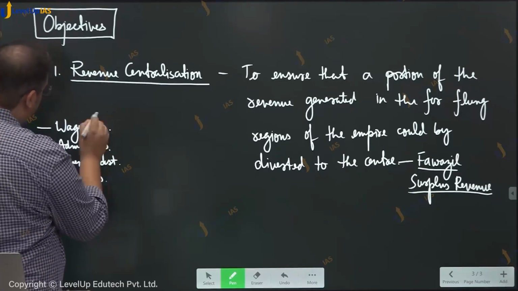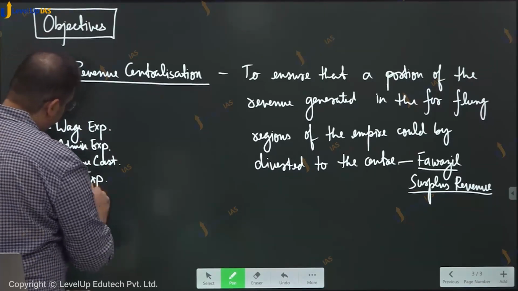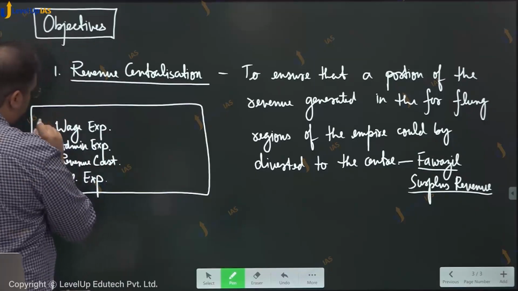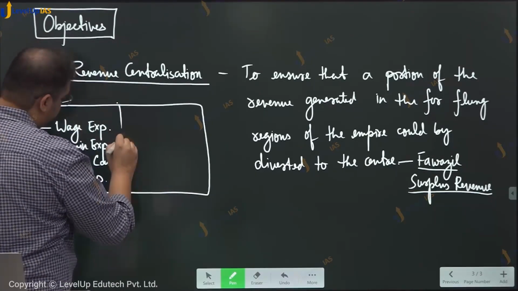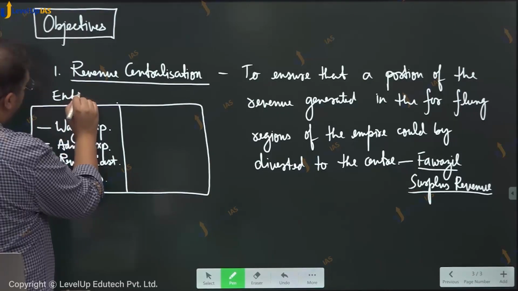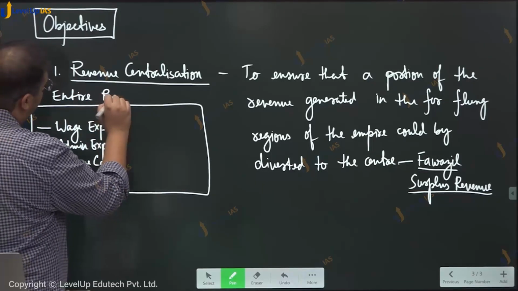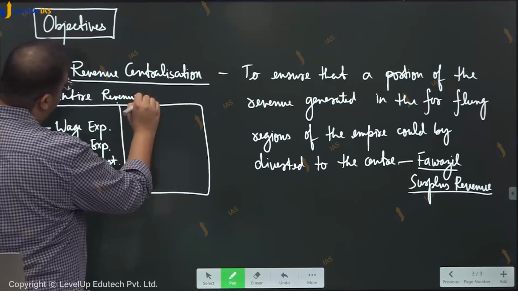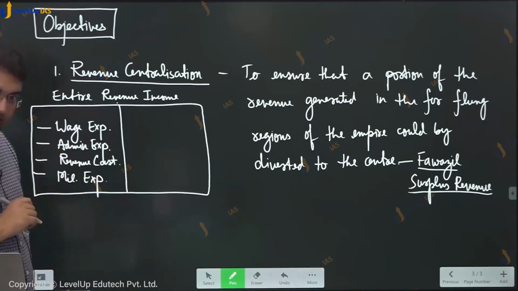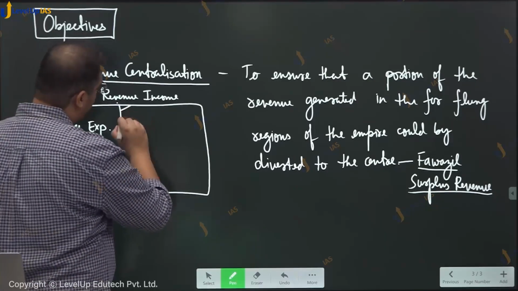Now this was only a subset of the entire revenue income generated in each Iqta. So what about the remaining amount?